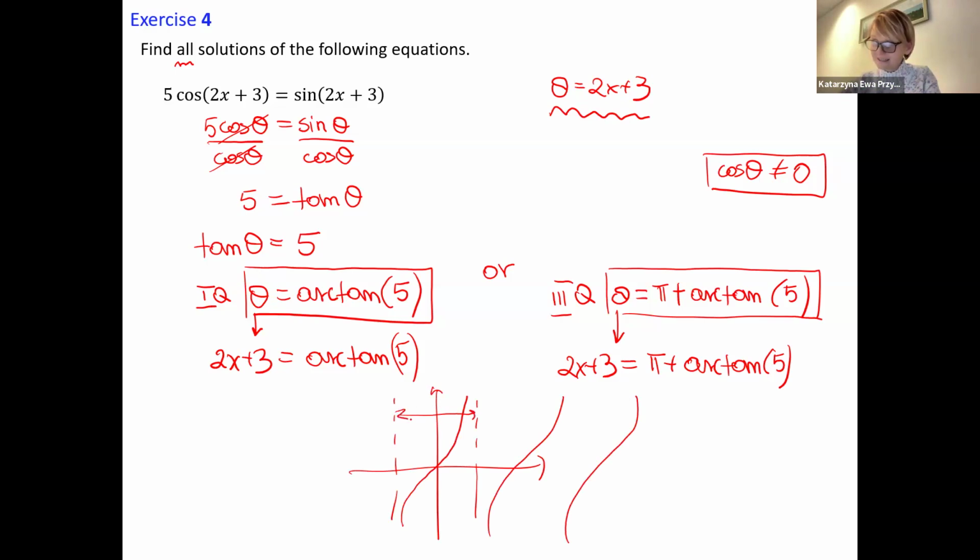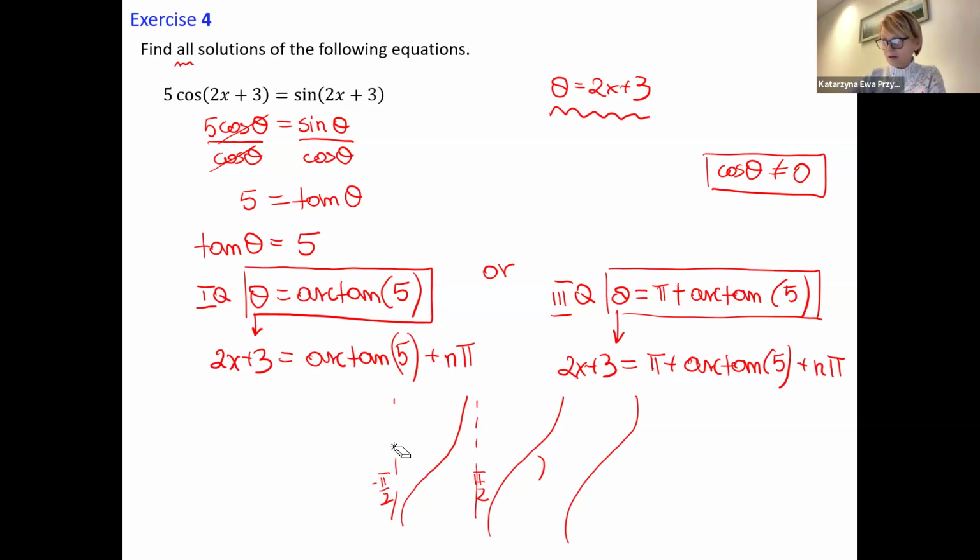What is this distance? Because that's the period. Between negative 2 pi and positive 2 pi, how many units do we have? 1 pi. That means every pi, plus n pi, where n is an integer: 1 pi, 2 pi, 3 pi's, and so on. That's why we have to add n pi.